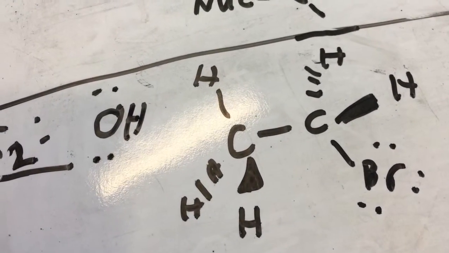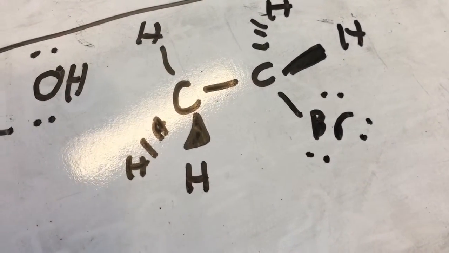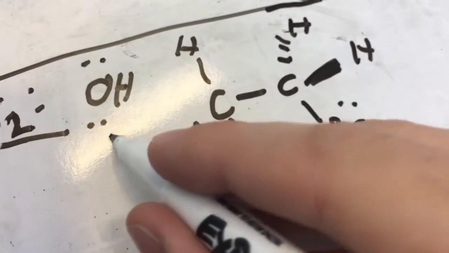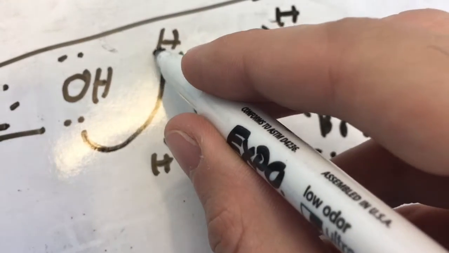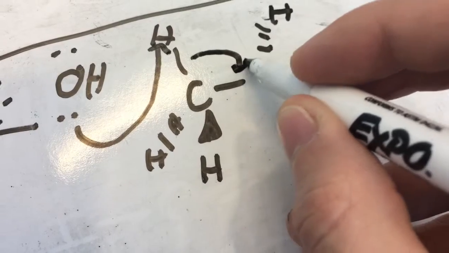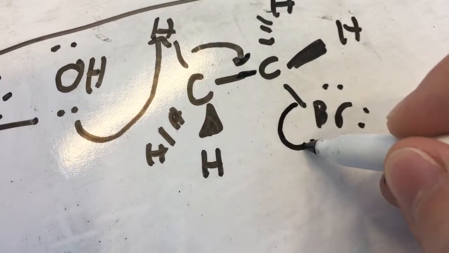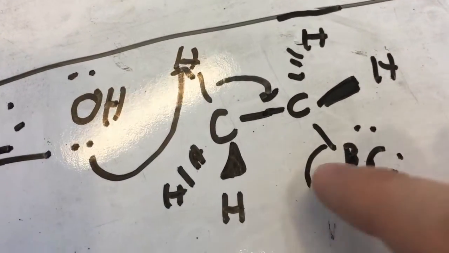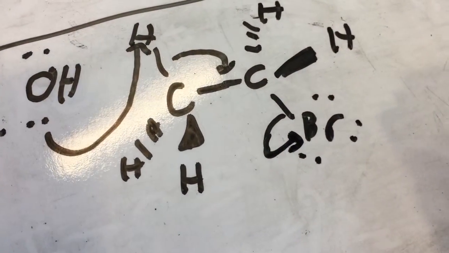And what happens now is that, again, E2, same as SN2, is going to do a concerted mechanism. This all happens at the same time. It attacks the hydrogen, and then the bond goes over here to become a double bond. And so the leaving group leaves. Actually, let's be careful with our arrows and indicate that this goes to bromine and not the electrons.